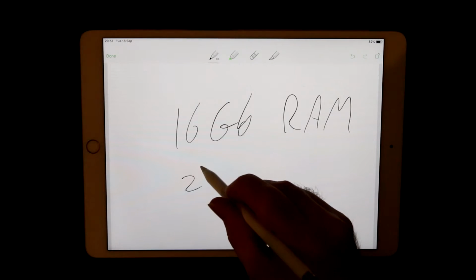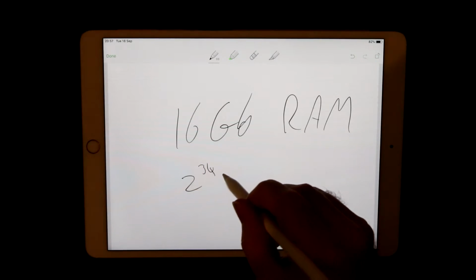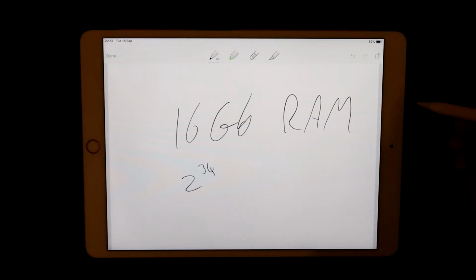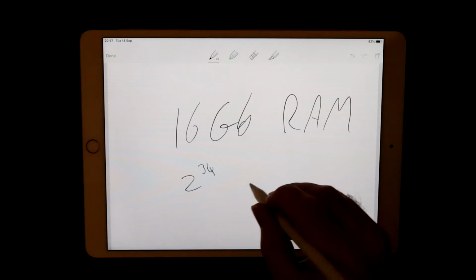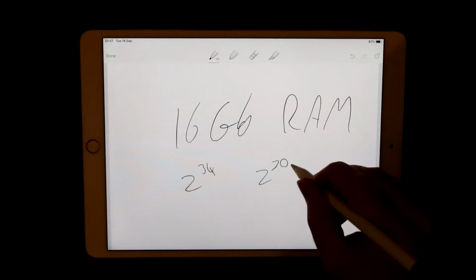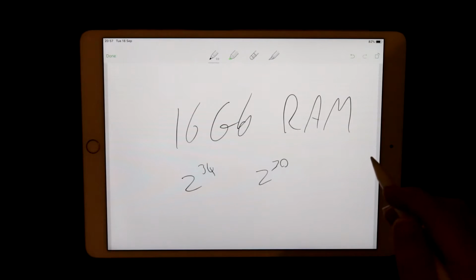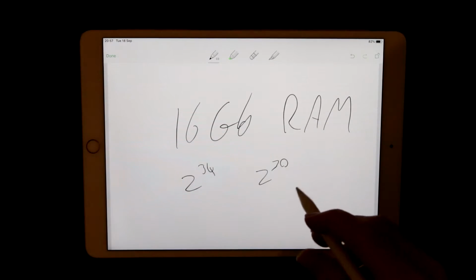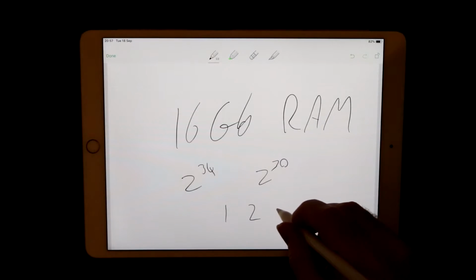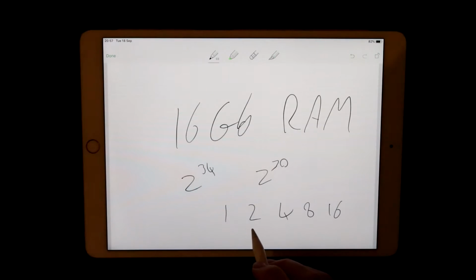I think it's 2 to the power of 34 bytes. And the cheat that I did there is that I know 1 gigabyte is 2 to the power of 30. And then if you double it 4 more times, you get 16. Because you do the 1, 2, 4, 8, 16. So that's 1 double, 2 doubles, 3 doubles, 4 doubles.